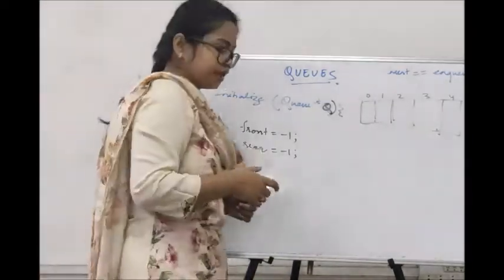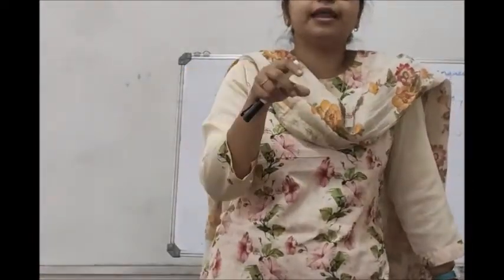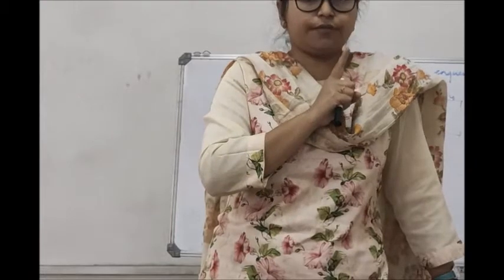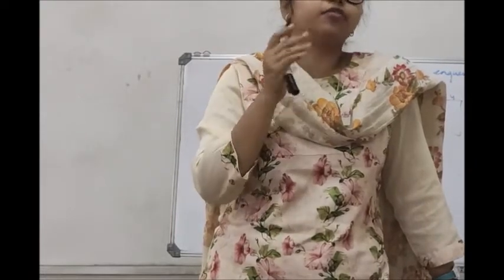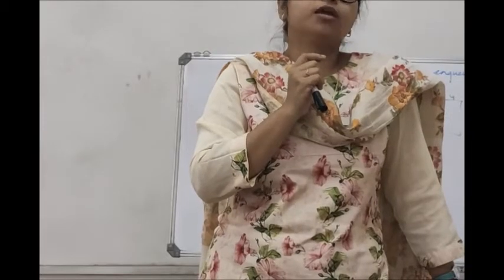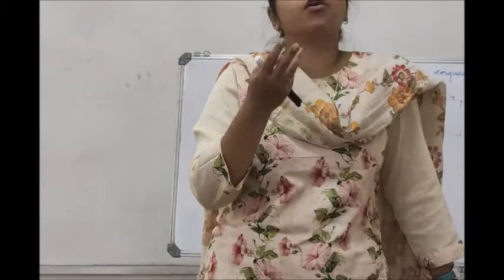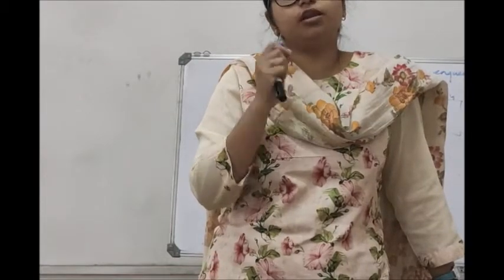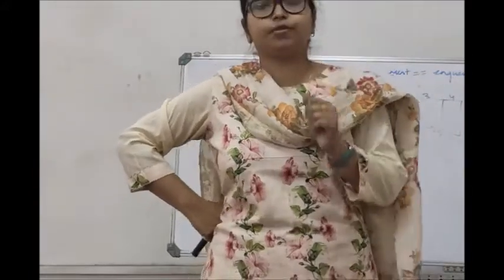Now we have to check. See, what is NQ? NQ means adding an element from the rear end, and DQ means deleting an element from the front end. Now, can we perform NQ if the Q is already full? If the Q is already full, we defined the size 5. If 5 elements are already present in the Q, can you do any NQ further? No. So this we have to keep in mind.